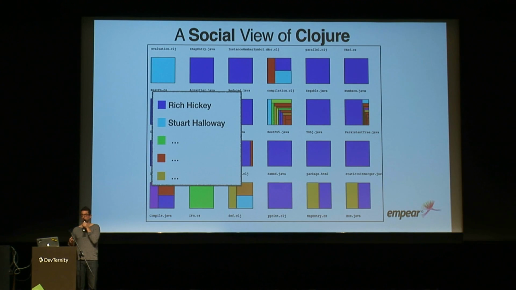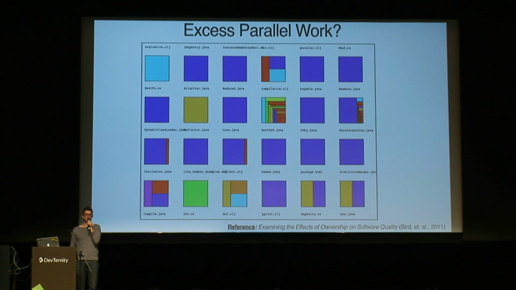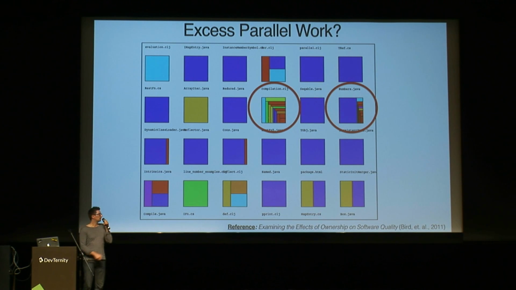But I will claim that the fractal figures are useful even without the color legend. And what I do in this case is that I look for patterns like this. And the reason I look for this is because both of these show radically different patterns, but both of those files show that they have been maintained by more than 20 different developers. And if this is something that occurs over and over again, that 20 different people need to coordinate their work in a single file, we may have a problem.